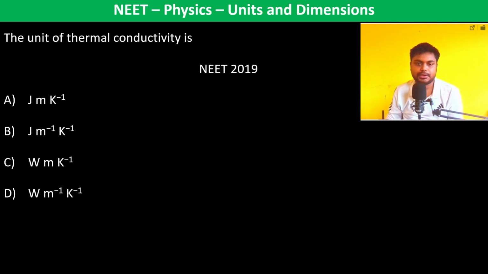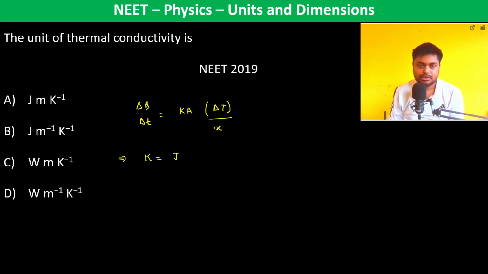Unit of thermal conductivity is, so of course we have delta Q by delta t is equal to K A into delta T, there is a temperature difference, divided by x. So therefore K is going to be delta Q, which is in joule, into x, which is in meters, divided by delta t, which is time, which is seconds, into area meter square into Kelvin.